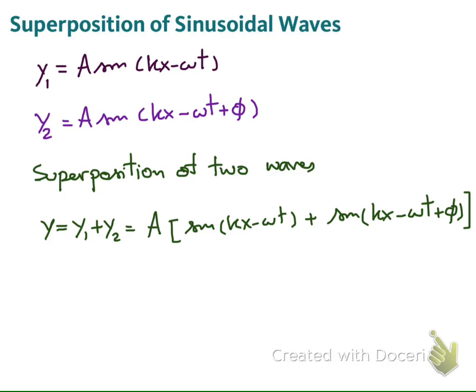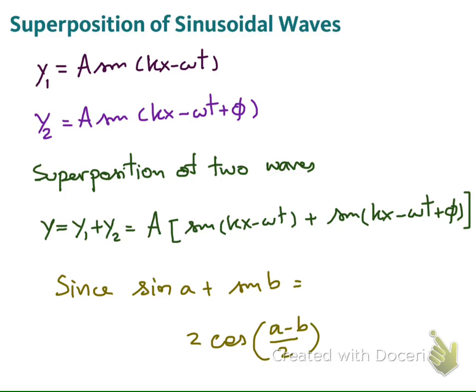We have that sine of A plus sine of B is equal to 2 times cosine of A minus B over 2 times sine of A plus B over 2.